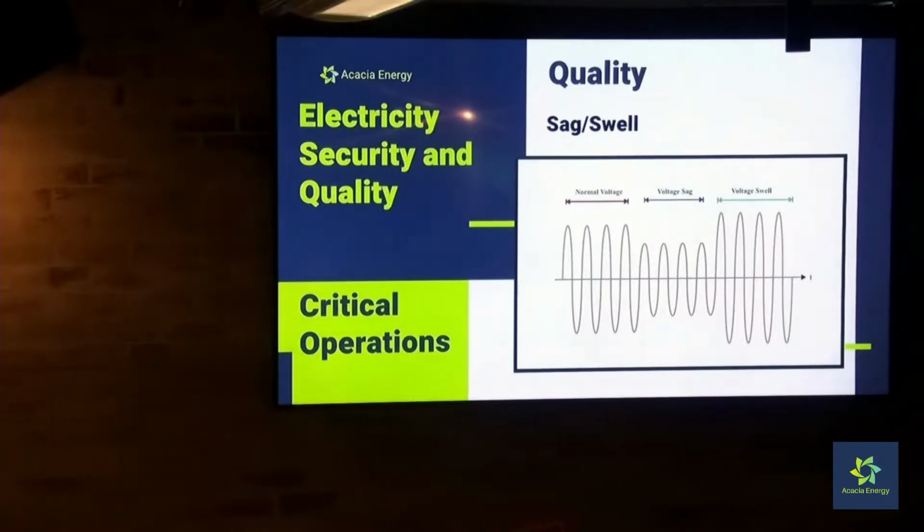So if you're in an older part of a distribution network where everything is overhead, you will see far more voltage sags, not so much swells, but far more voltage sags than someone who's in an area that has a new underground network. And that's because sags are typically caused by branches and other stuff coming into contact with the lines.